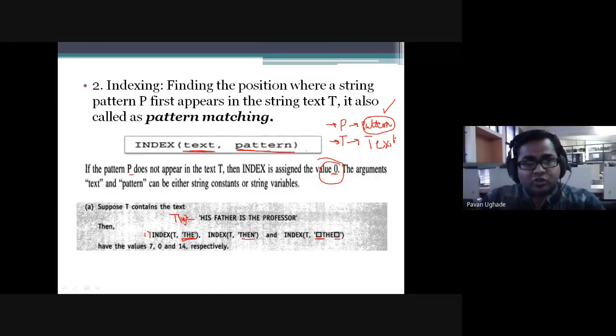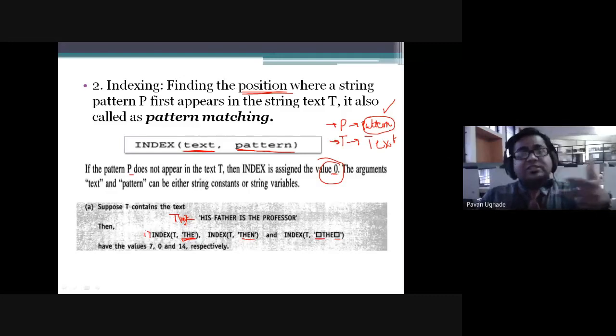So here also we will be interested in getting the position where a string pattern p first appears. There may be a possibility that the pattern will be available twice in the string. I'll get that example also, don't worry about that.